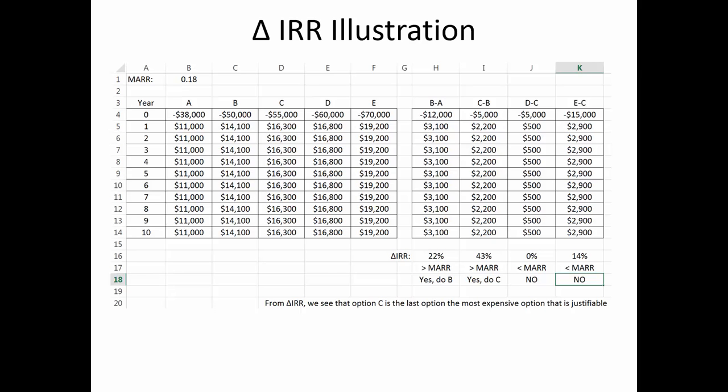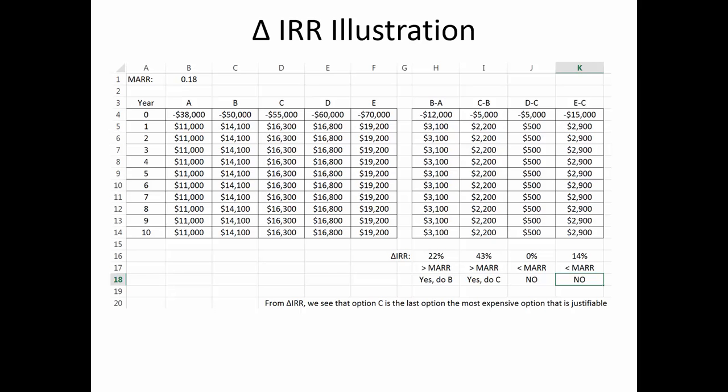The next comparison isn't E minus D. We don't do E minus D because we've already rejected D. What we do is compare E and C, since option C was the last one we said yes to. You can see the final column is E minus C. We want to find out whether that extra $15,000 for option E is worthwhile based on the additional revenue it generates.